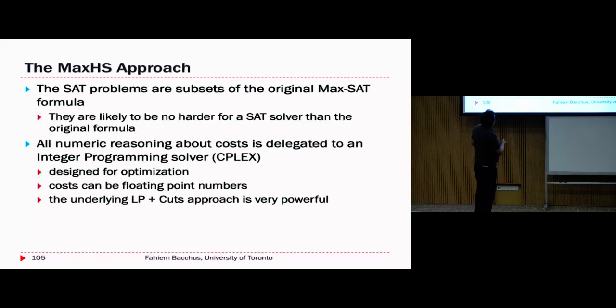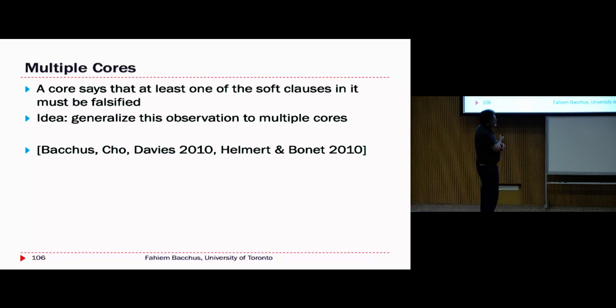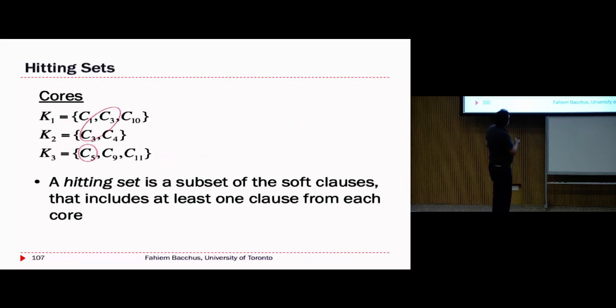Okay, so what we're going to do then is generalize this idea of cores and take a look at multiple sets of cores. So say that I have the following cores. Clause number 1, 3, and 10, one of them has to be falsified. Clause number 3 and 4, one of them has to be falsified. A hitting set of those cores is, of course, a soft clause from every core such that you cover all cores.